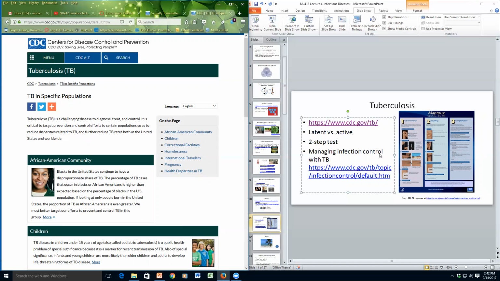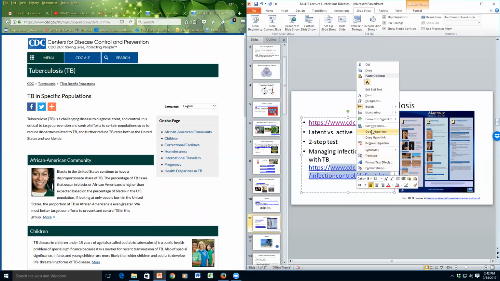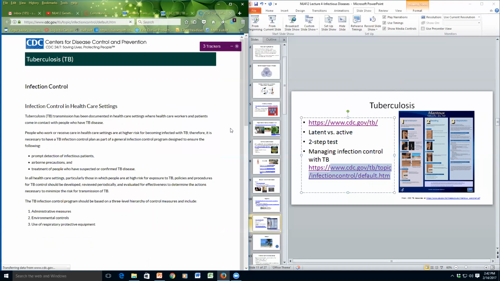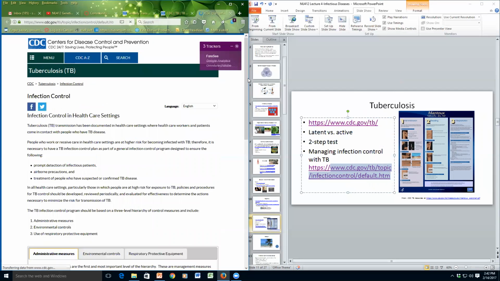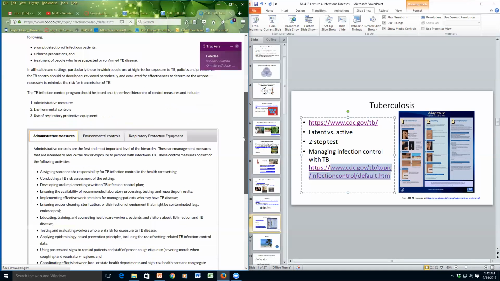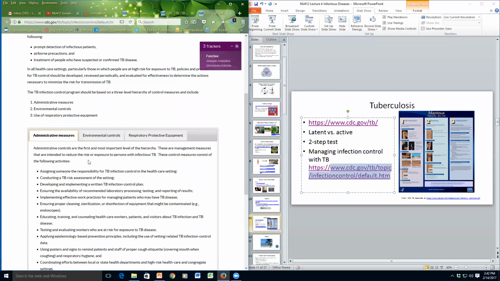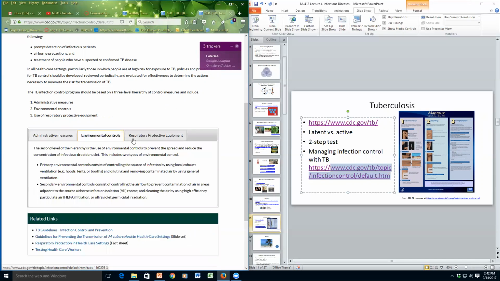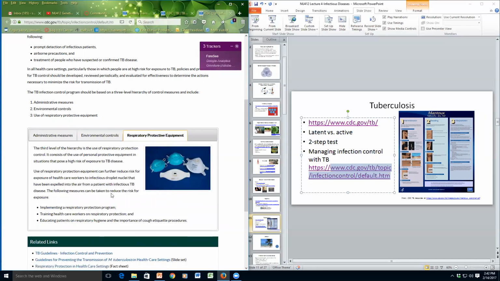The other piece to infection control, as the research is conducted, you'll notice that CDC is the lead for guidelines on how to manage the environment, but also what respiratory protective equipment we're required to use. With TB, for example, you're using an N95 respirator.